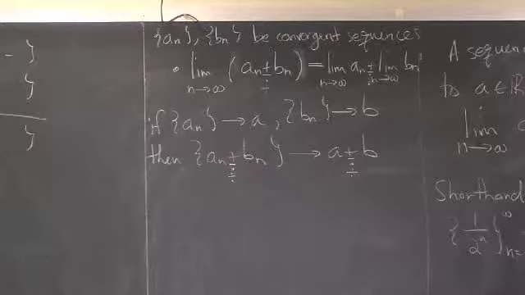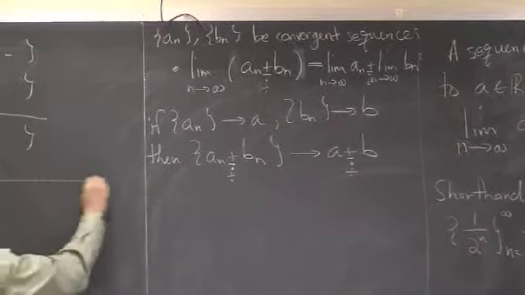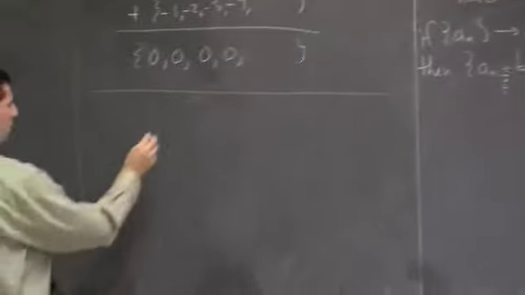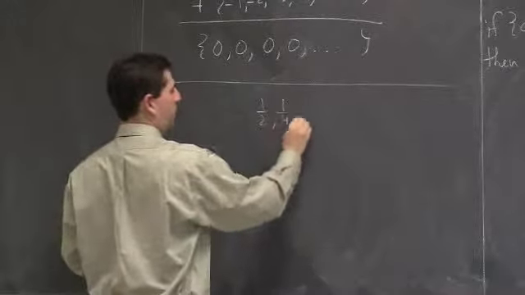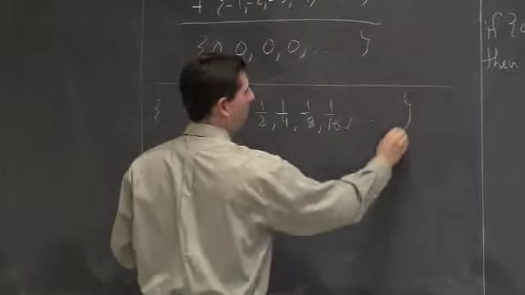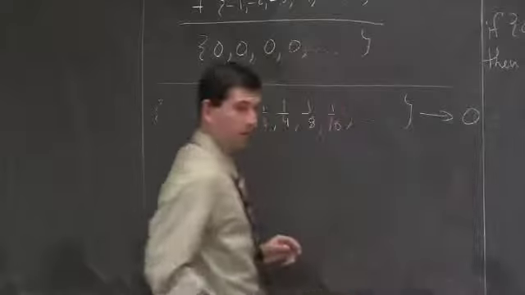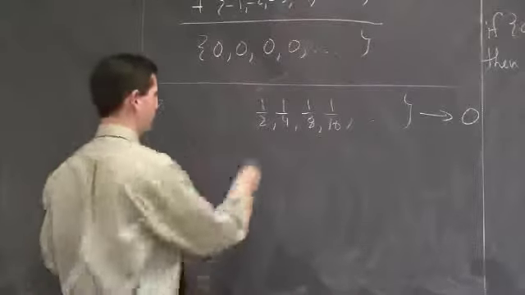Okay, well, this actually brings up a point. Let's put this on the side. Okay. We know that if I start with the sequence a half, a fourth, an eighth, a 16th, and so on, that this is going to converge to 0. Yeah? But what if I throw some garbage in front?